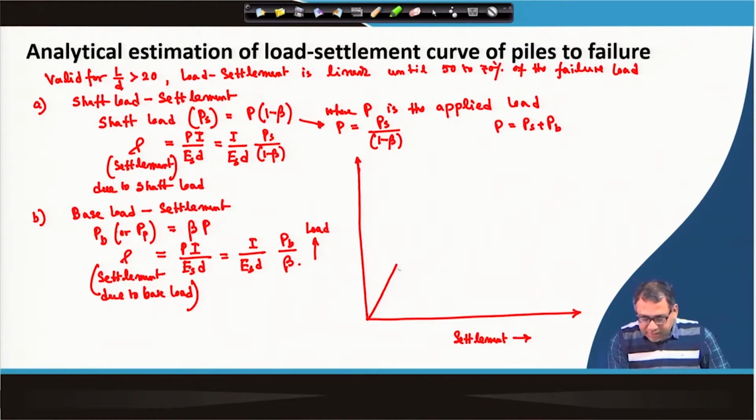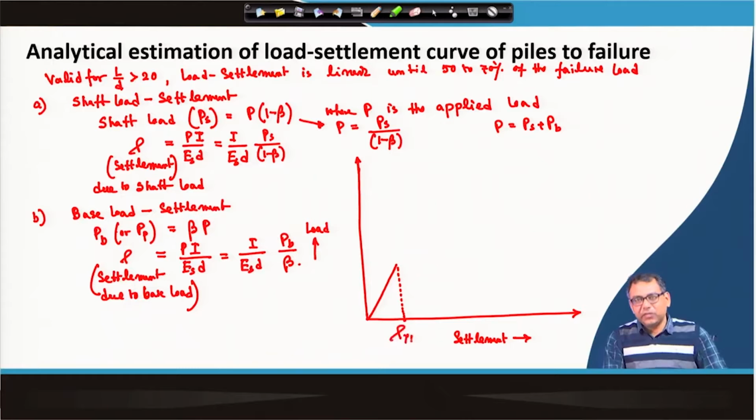Okay. And this is the load settlement curve for shaft load, because this is linear, and this value is say rho y 1. That means, when the shaft resistance is fully mobilized, at that point the settlement is rho y 1.